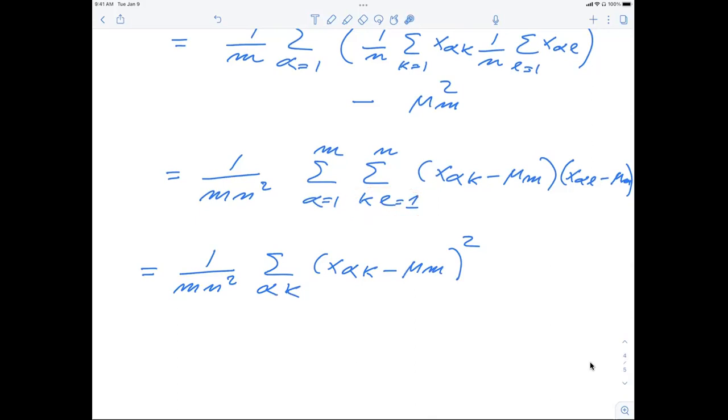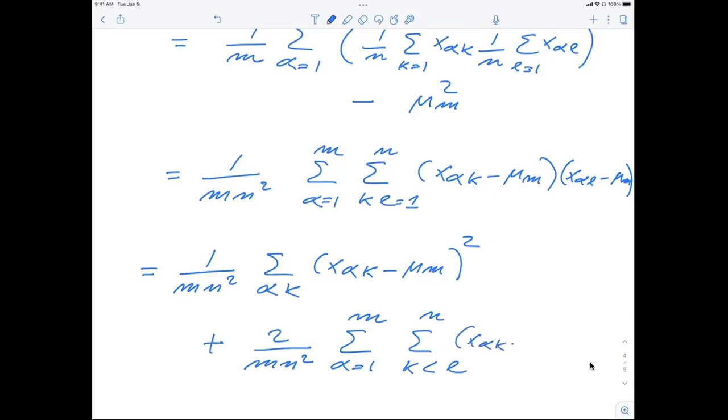This quantity is symmetric, which means that I don't need to sum over all k's and l's, but only where k and l are different, because I picked out the diagonal elements. So I can rewrite this one as plus, and since this is a symmetric quantity, I get a factor of 2. And this is divided by m n squared. And then I have a sum over alpha equal to 1 up to m, and then a sum over k less than l up to n, and then I have my x alpha k minus mu of m.